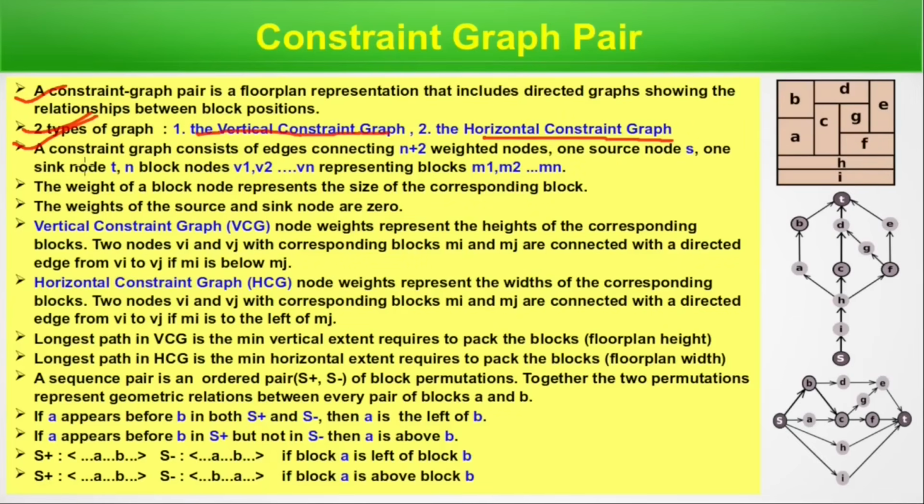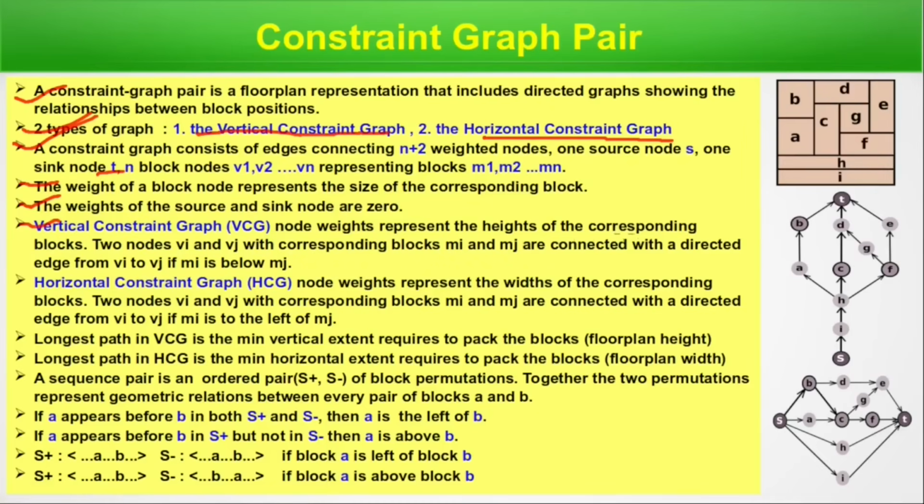The source node is S, the sink node is T, and n block nodes V1 to Vn represent blocks M1 to Mn. The weight of a block node represents the size of the corresponding block. The weights of the source and sink nodes are 0. Now let's see what the vertical constraint graph and the horizontal constraint graph are, that is VCG and HCG.